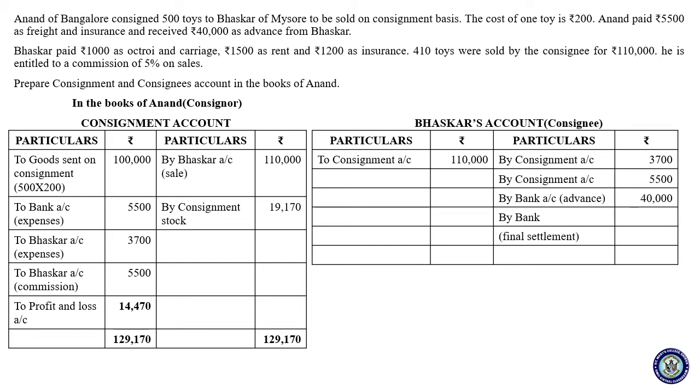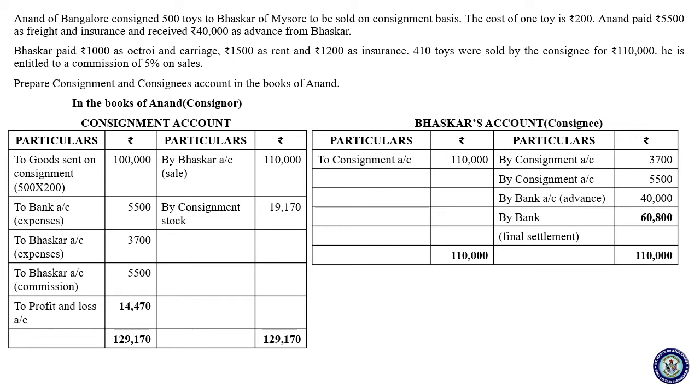So total 1,10,000, difference 60,800. So at present, after deducting expenses, after adjusting commission, after the advance payment deduction, 60,800 has to be paid by Bhaskar to Anand. Okay. So this is illustration number 8.